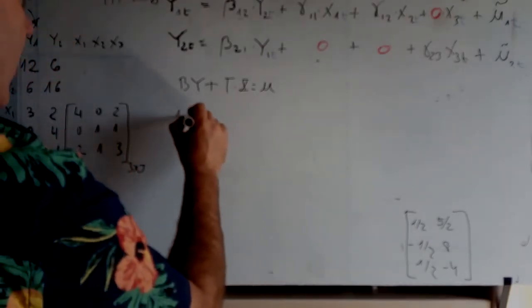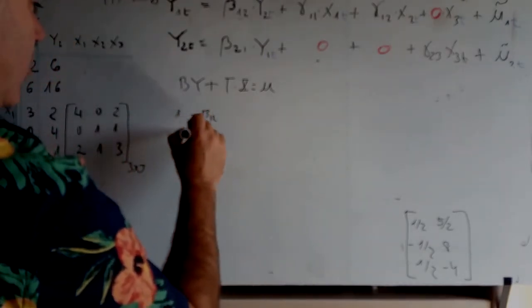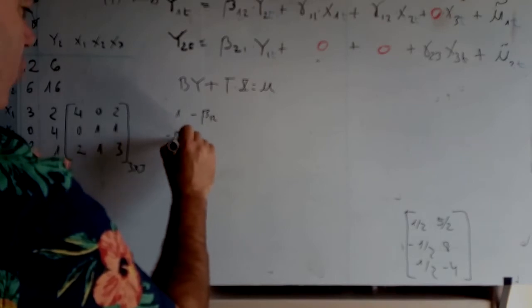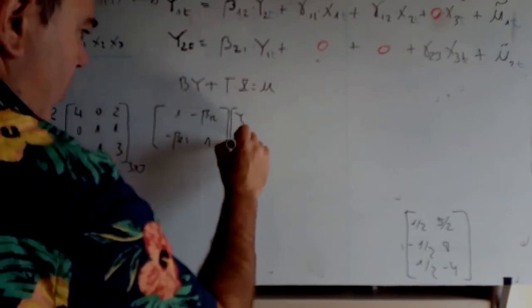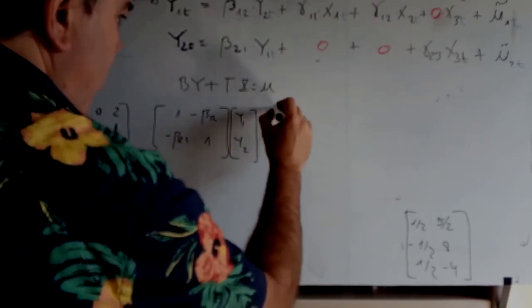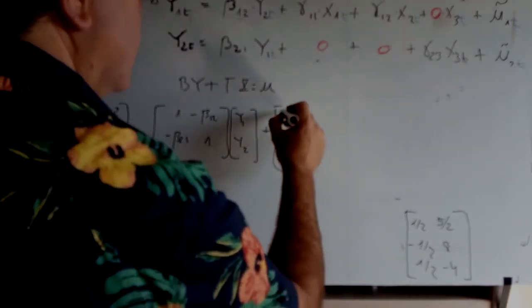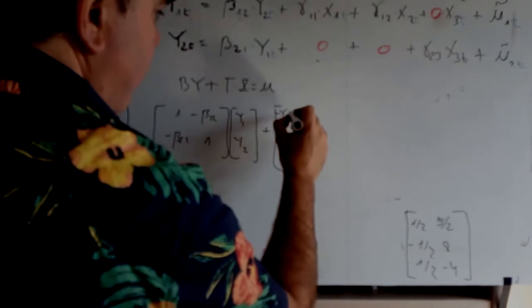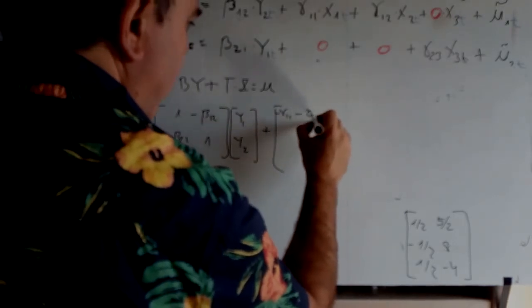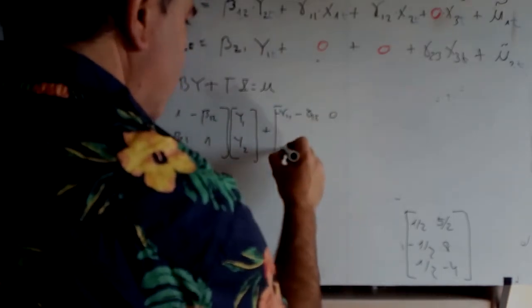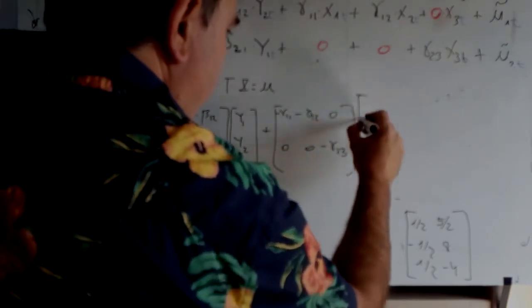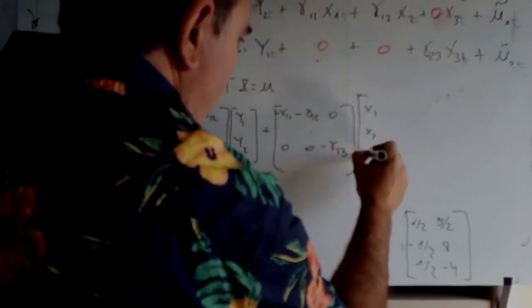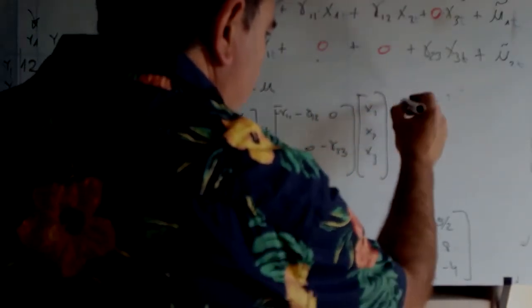This was 1, minus beta 1 2, minus beta 2 1, 1, times y1 y2, plus minus 1, gamma 1 1, gamma 1 2, 0, 0, 0, minus 1, gamma 2 3, times x1 x2 x3, equal to the vector of the error terms.